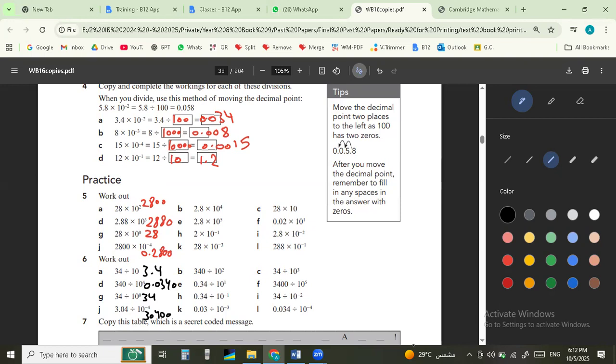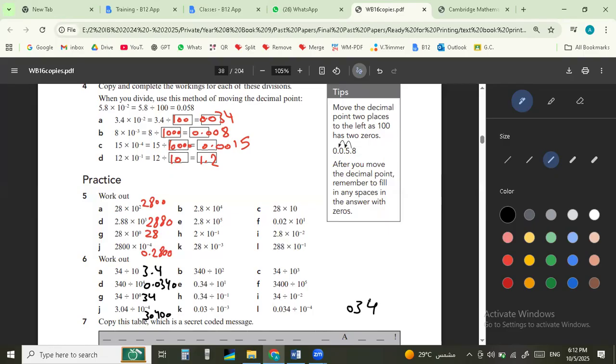And so on with the rest of the questions. Nothing is different at all. The only thing that requires concentration and focus is the number of times you move the decimal point. For example, here I'm going to move it 4 digits to the right. It is already 430, and it is negative power.